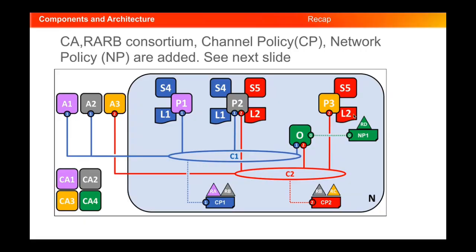the blocks according to network policies, which are defined by organization D, which is RD. So in entirety, this is how the fabric network works, or this is how the fabric network formation happens. And these are the entities that come together to form a fabric network.